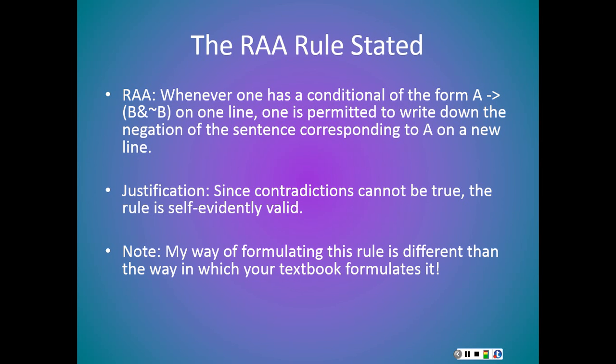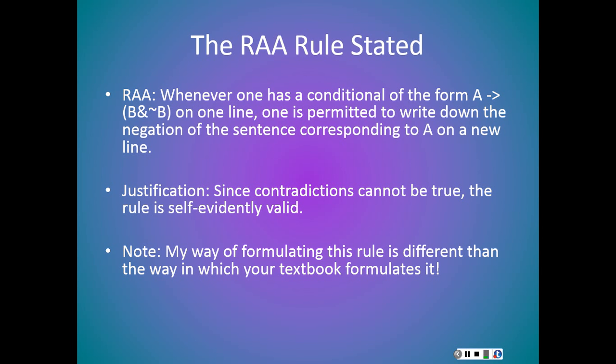Okay, now an important note here. My way of formulating this rule is different than the way in which your textbook formulates it, and I want you to use this rule instead of the rule your textbook gives.